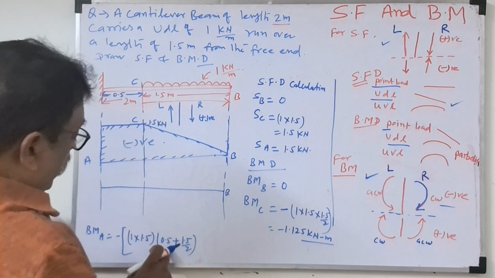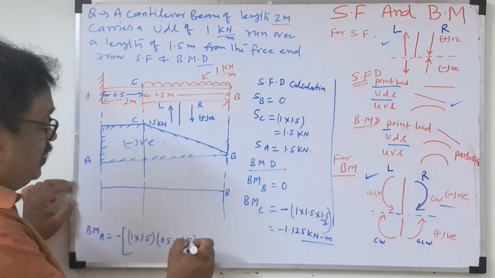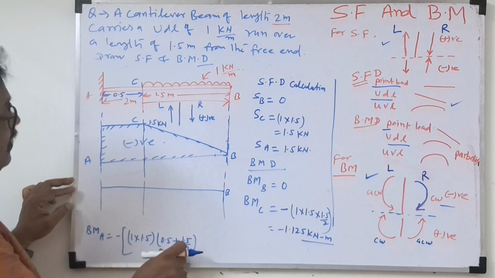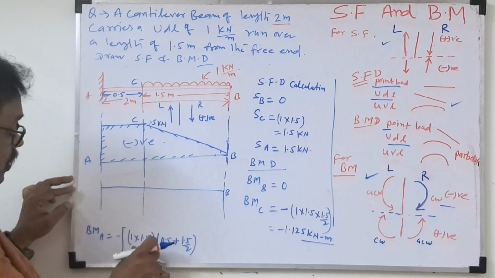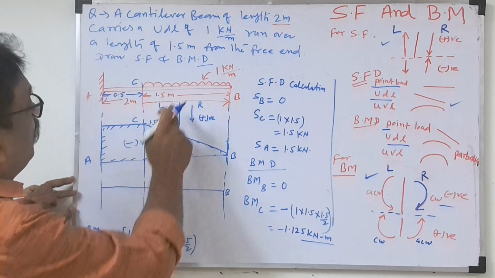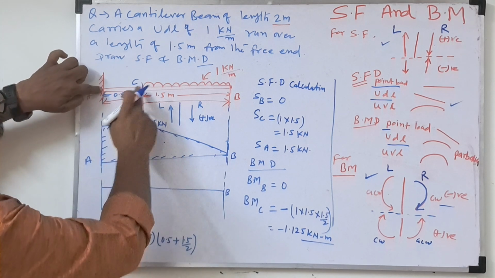See why I wrote this already. Once we did the support reactions, we discussed these things in engineering mechanics also. So now look here. The moment formula is load into distance. Load is 1 into total load 1.5, and half distance 1.5 by 2. But from point A, where is this UDL?